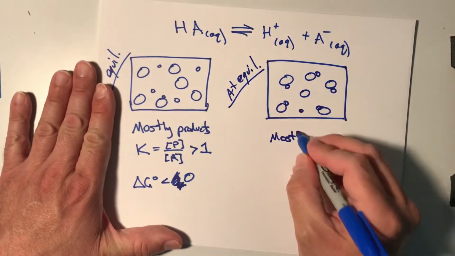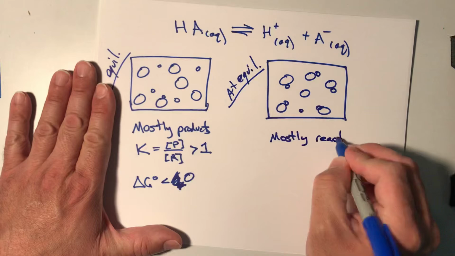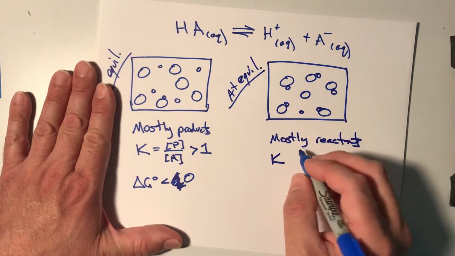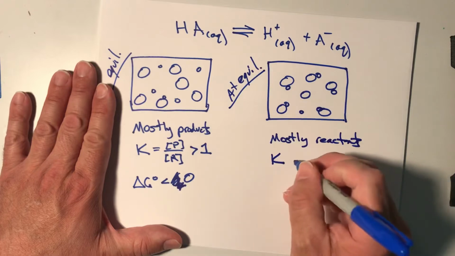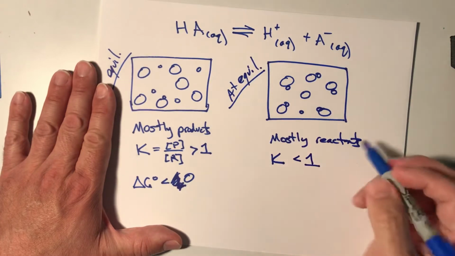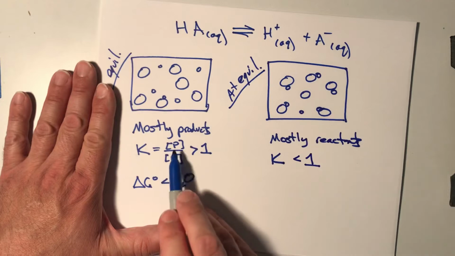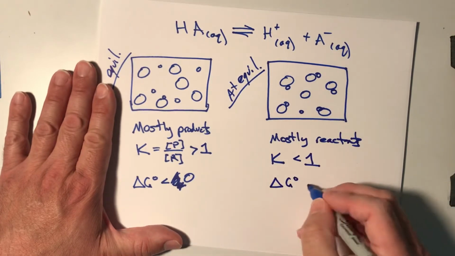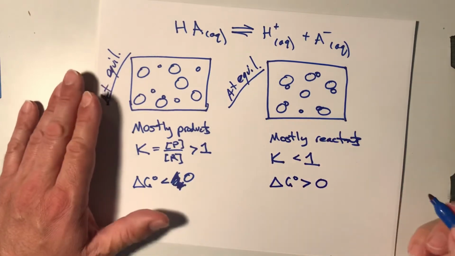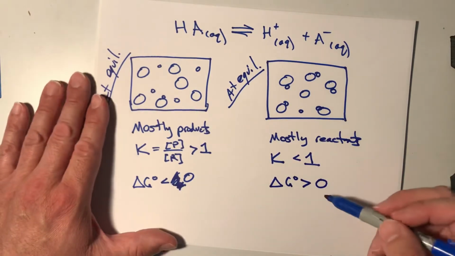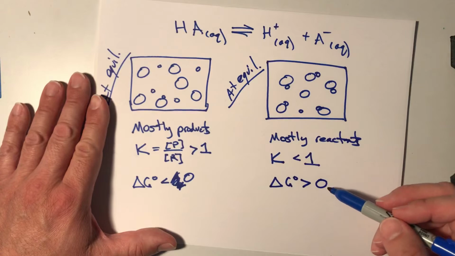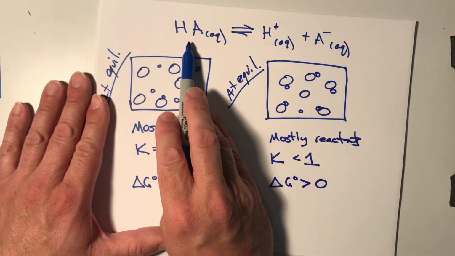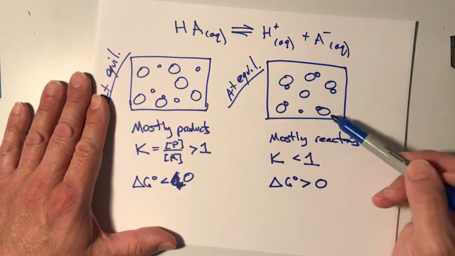If you had a case where it was mostly reactants, the K, which is again products over reactants, would be less than 1, because we would have a large number in the denominator and a small number in the numerator. When we do the calculation, this corresponds to a delta G naught greater than 0. Again, we would have said before this was unfavorable, and by unfavorable, we mean the reaction doesn't go forward. It mostly stays in the reactant form. And that's what we see here.